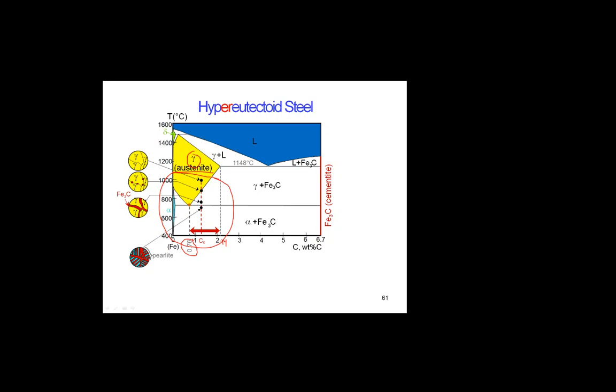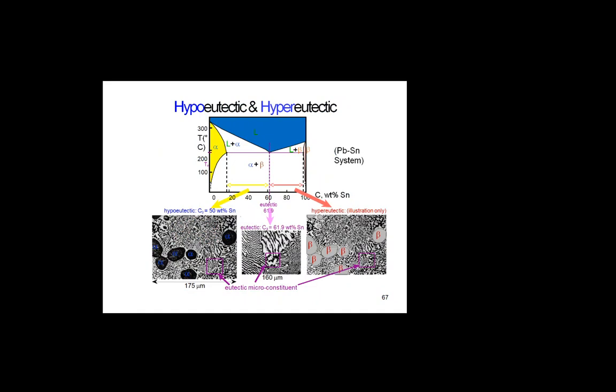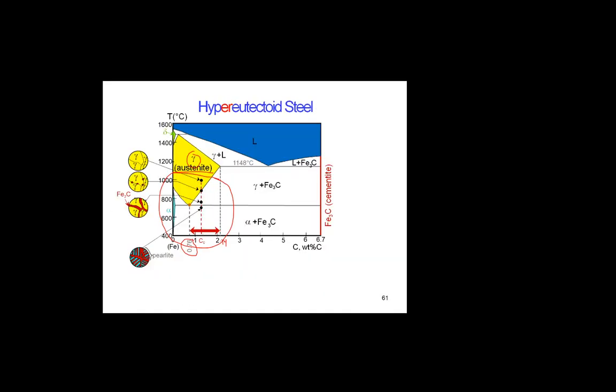As you can see, the gamma phase is shown here, and we are considering the composition C1, taking place at this particular point, that is C naught.